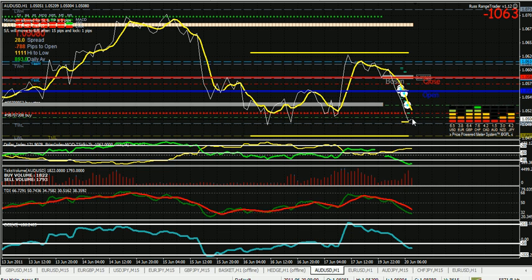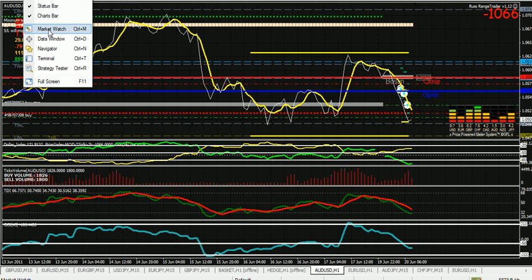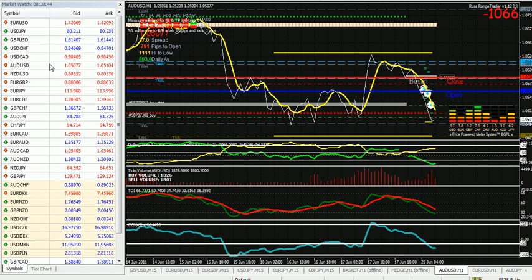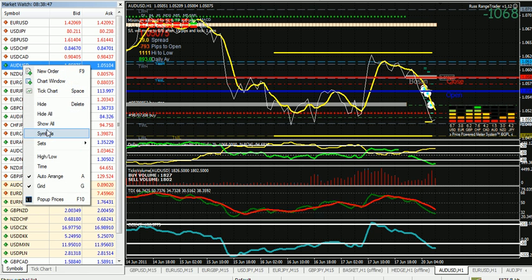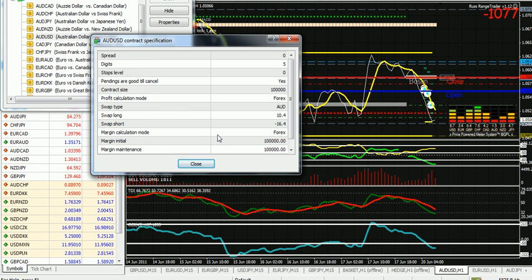The other thing that adds to your favor is, once again, if you go to your watch list and we look at the Australian dollar and the symbols and the properties, we see that the swap long is paying 10.4, so it's a far better trade for you to look at than using your trade as a short.